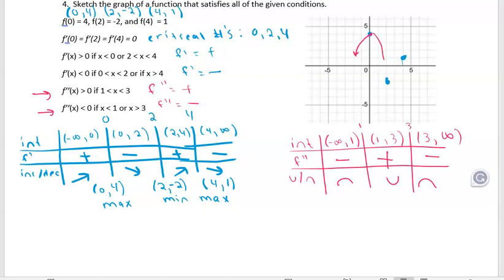And then we've got to get down here, and then we've got to get back up here. Now notice I can't write my coordinates here because I don't know my y values. So I can just do the best I can to eyeball it. I can't write the exact location like I normally like to do, but we can eyeball it. And it looks like this is going to be what our graph looks like. And we know it's concave down. There we go. So here's our sketch of our graph based on the given conditions.